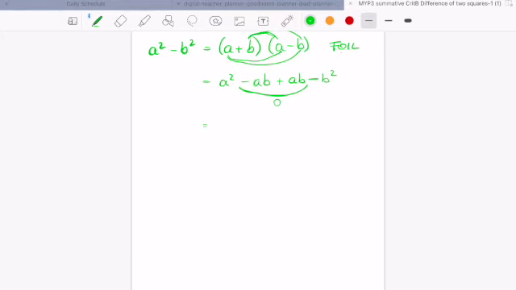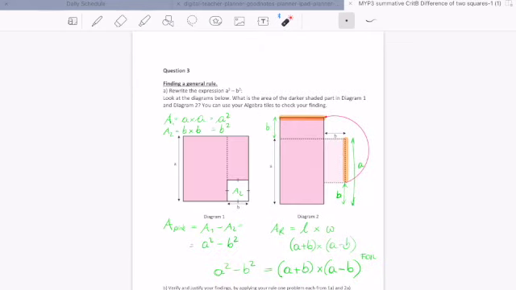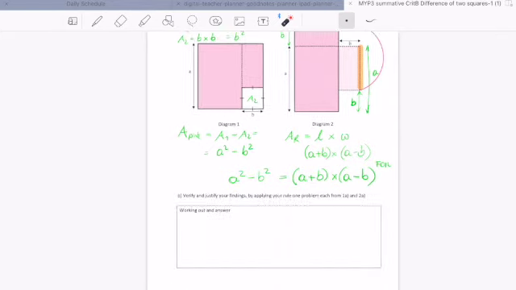So what we're left with here is A squared take away B squared. And that's exactly what we started with. So we found out using the FOIL method that this indeed is equal to that. It was not a requirement in the paper at all. It is just for you to show how you could have used what you learned already to check your answer.